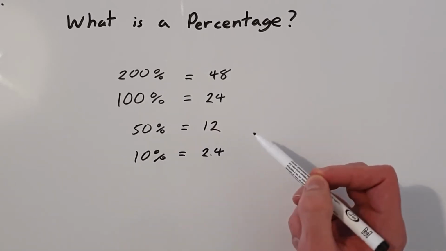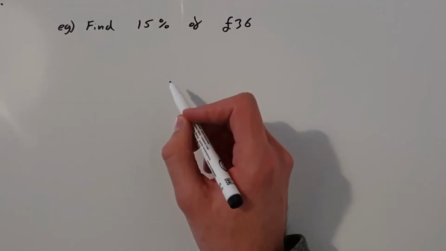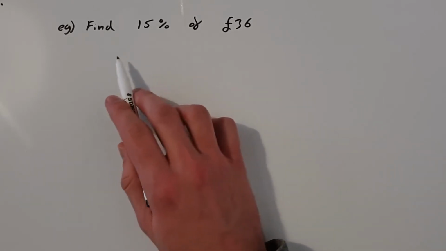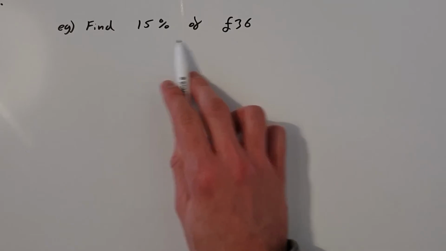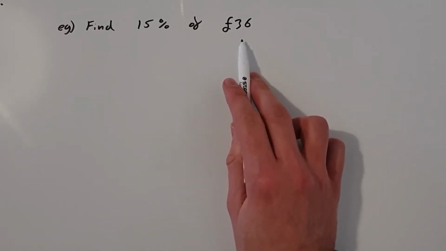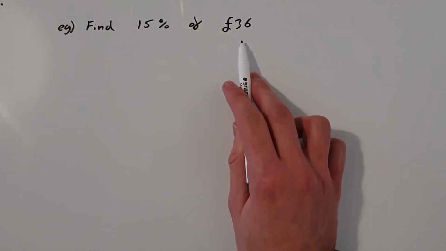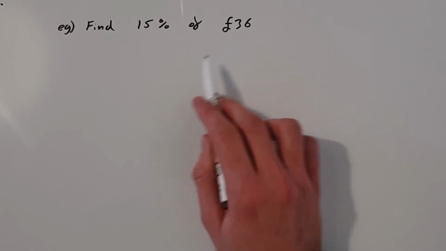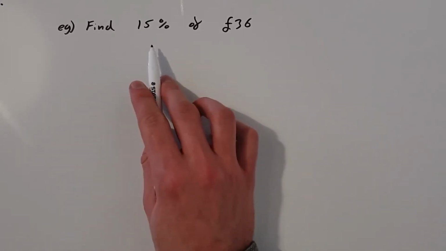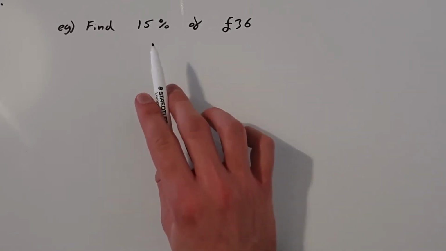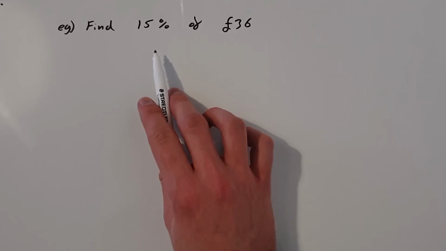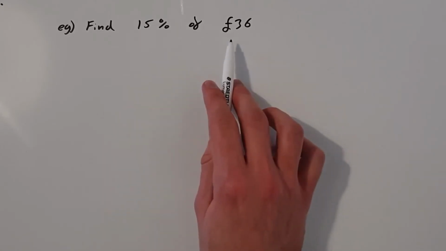And now we can move on to some questions. Our first example is a really simple one with percentages, where it is find 15% of £36. You might have to do something like this when you're out and about shopping. So how would you go about this? The way you'd find a percentage of a number is first you'd convert it into a decimal, and then you'd times that decimal by the number you want to find the percentage of.